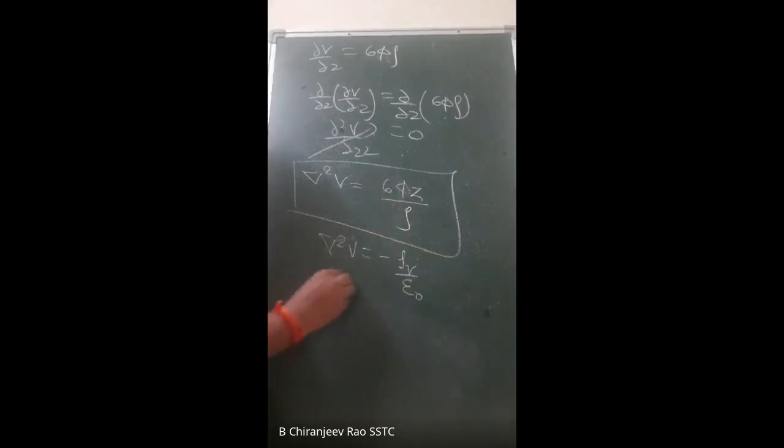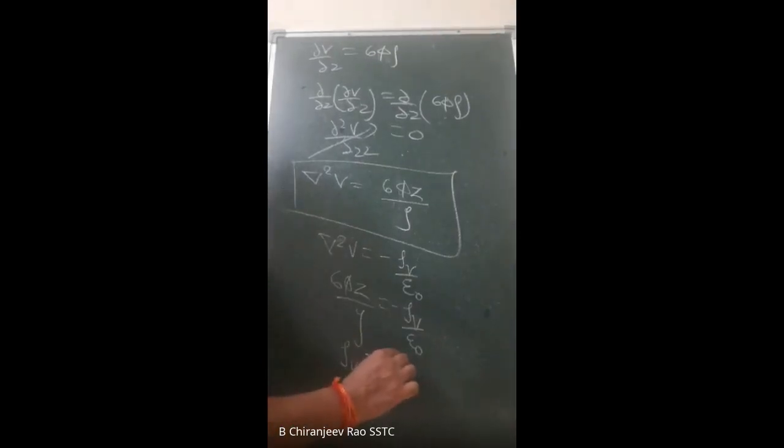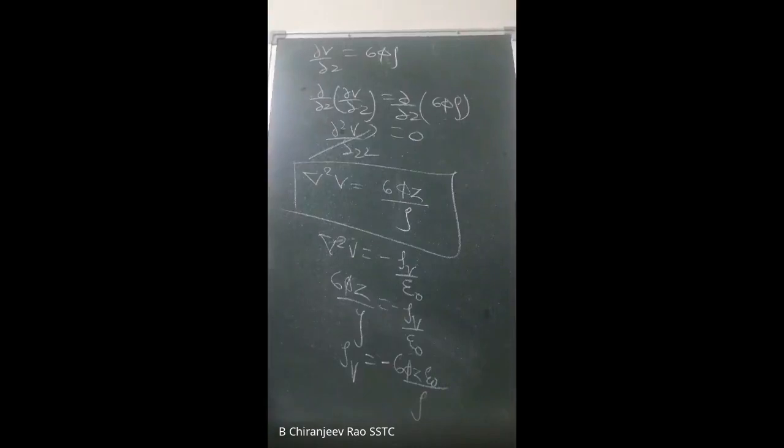So 6 phi z upon rho is equal to minus rho V upon epsilon naught, or rho V is equal to minus 6 phi z epsilon naught upon rho. Okay. So in this way, you have to find the value of rho V.